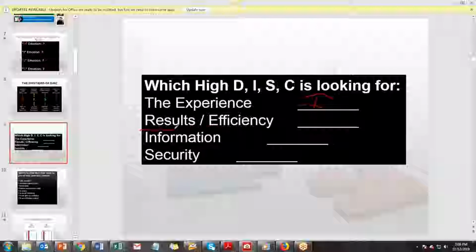Who's about results and efficiency? Steadiness, S. Nope. C would be my second guess. Yeah, it's either going to be a D, the dominator, or the C. So the D and C are results-oriented people.